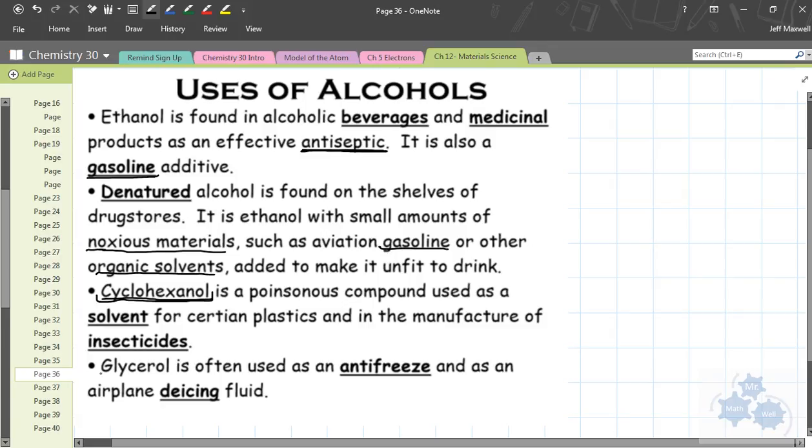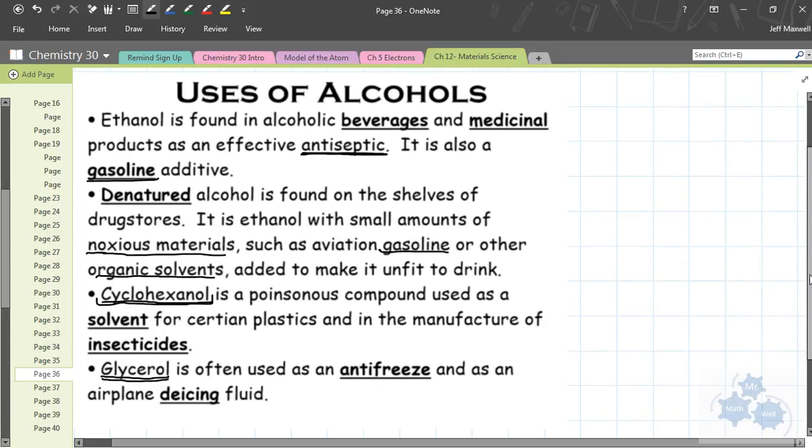And glycerol, which we just took a look at, right? What was the name for it again? 1,2,3-propanetriol. Okay, you guys are all right. It's okay, just always help me. Glycerol is often used in antifreeze and in airplane de-icing fluid.